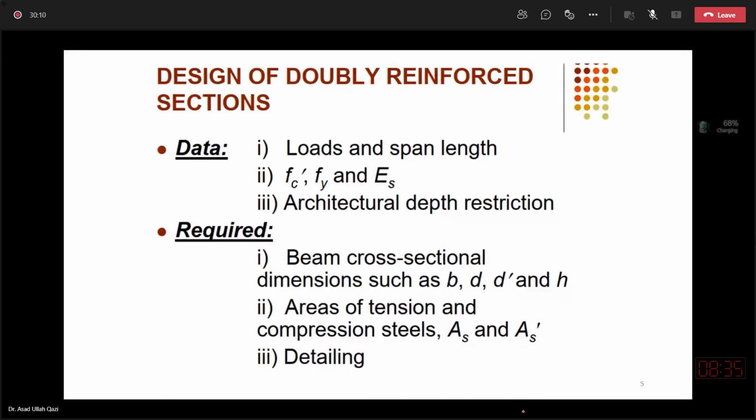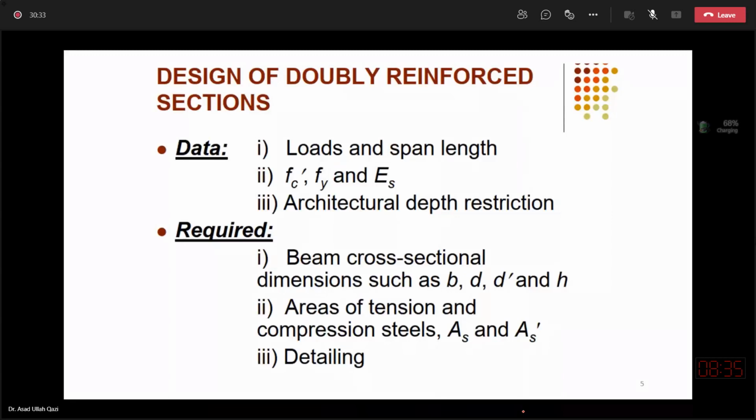So he may point out that you should not go beyond this much depth below the slab, because for HVAC ducting, heating, ventilation, air conditioning ducts, due to provision of false ceiling and requirement of clear story height, there might be some concern on the beam drop below the slab.